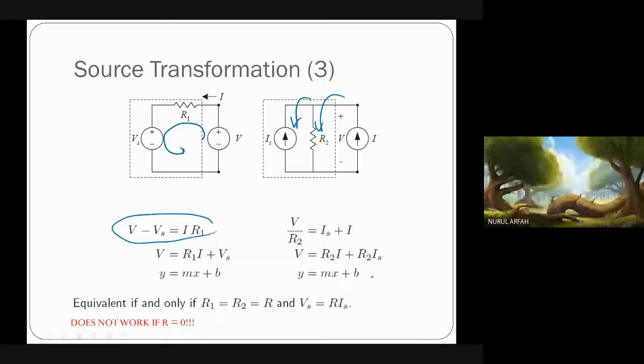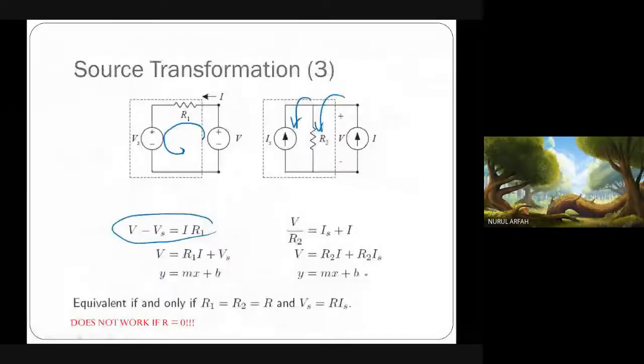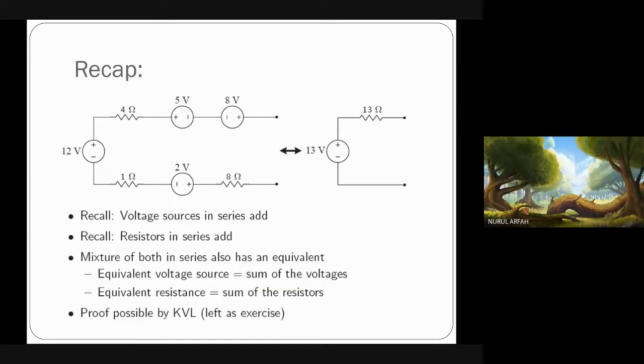Okay, so it's the same. They just want to show you that this is linear. So that's why you cannot apply if R equals 0. Okay, those are the rules, because of R here. So you cannot apply if R equals 0 or R equals infinity.